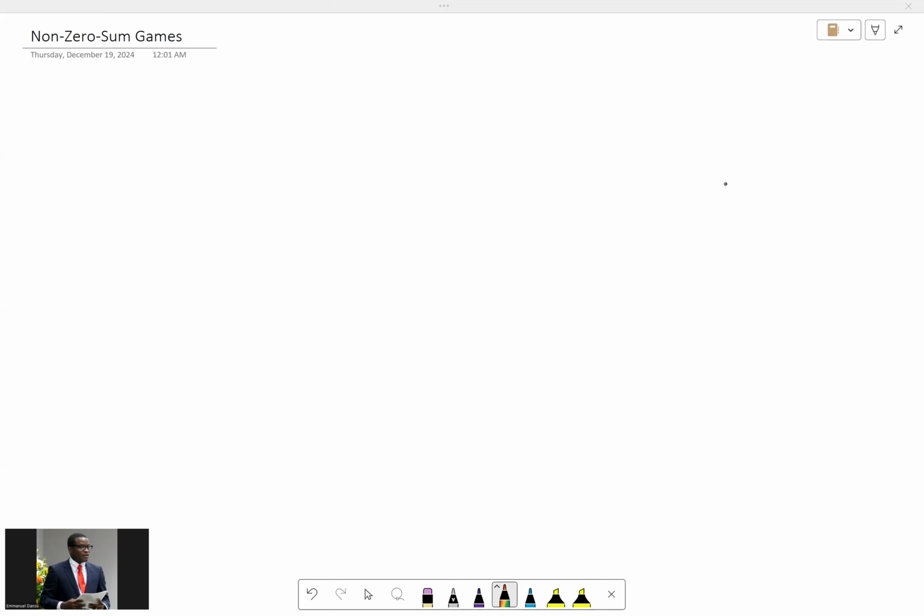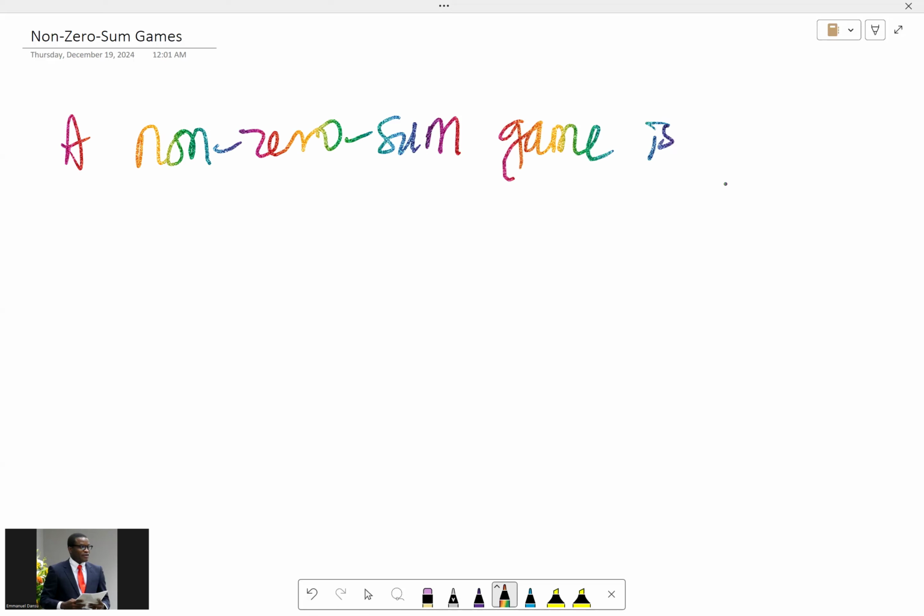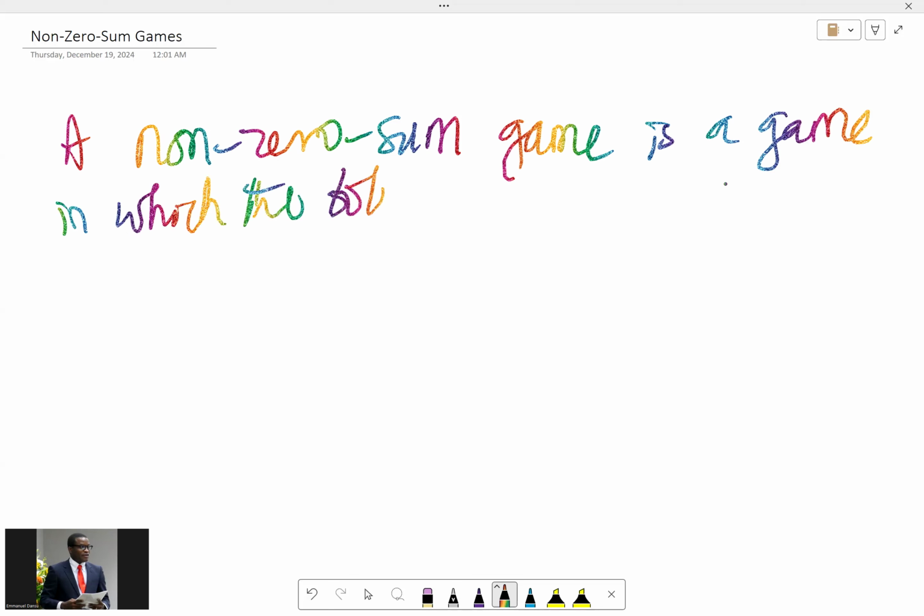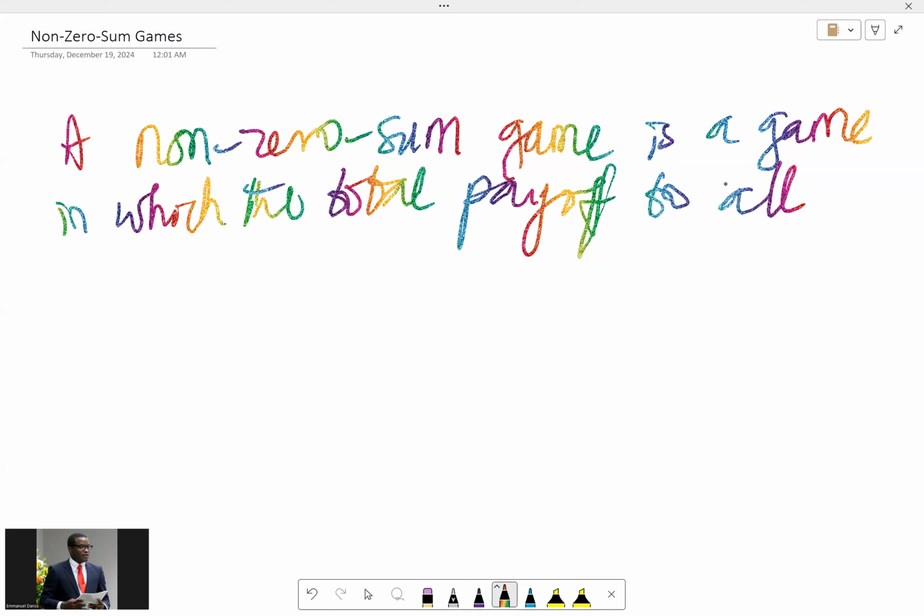And of course, as expected, a non-zero-sum game is a game in which the total payoff to all players does not remain constant.